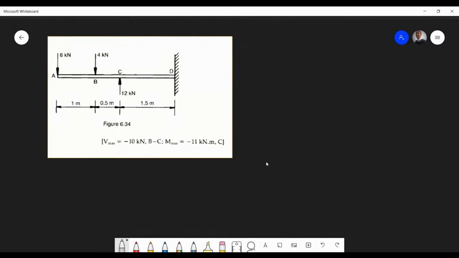All right. To solve this, it's fairly simple. This is number 5. What I have to do is sum forces up and down. There's no need for moments on this one, because we just need to find the force at the wall. So we're going to say 6 kilonewtons plus 4 kilonewtons equals 12 plus Fr.